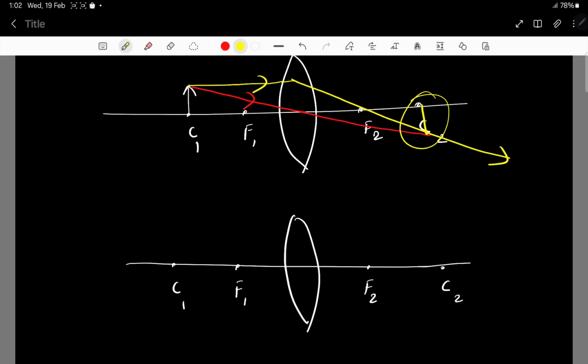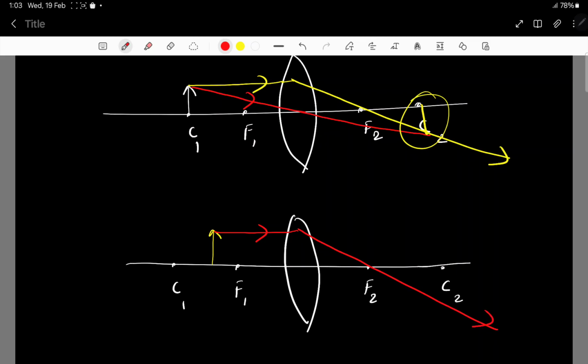If the object is placed between the C and F, then its final image location can be calculated by using the same ideas. I am not giving you much explanation on this because you are already familiar with this now, right?